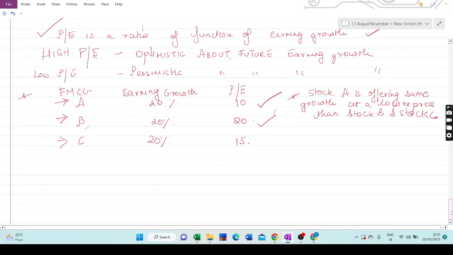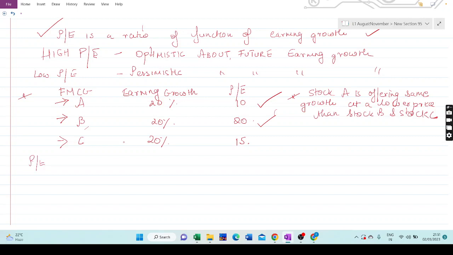Now I'll give you a broader perspective, right, guys? We can calculate the PE ratio of an index. Though this is not a part of your syllabus, it will help you a lot in your overall study of the market. We can calculate the PE ratio of Nifty 50. How?